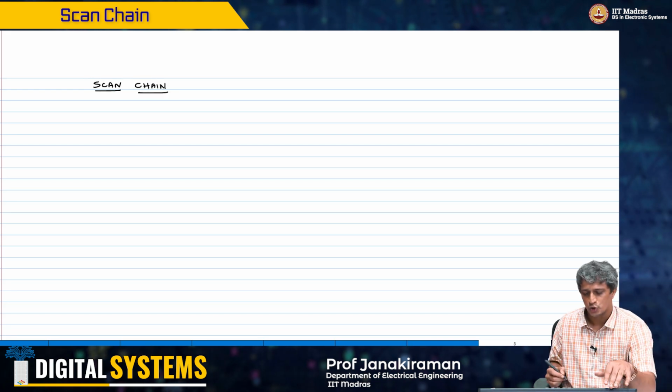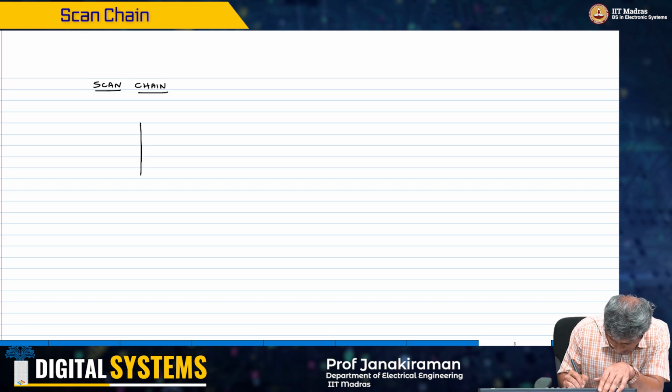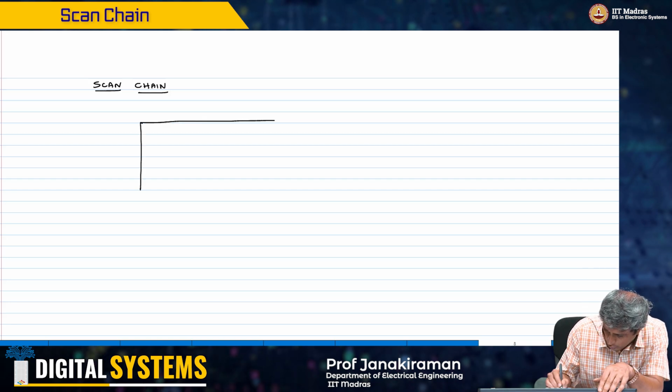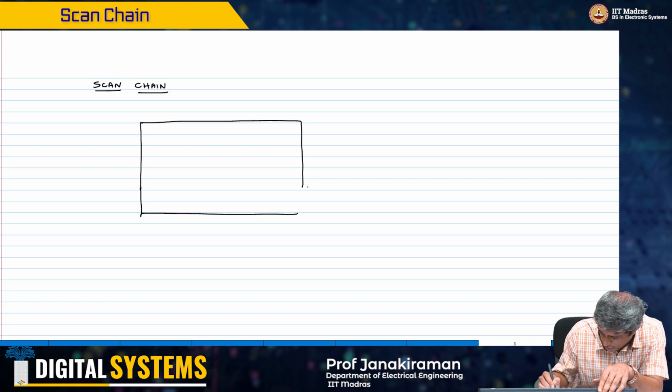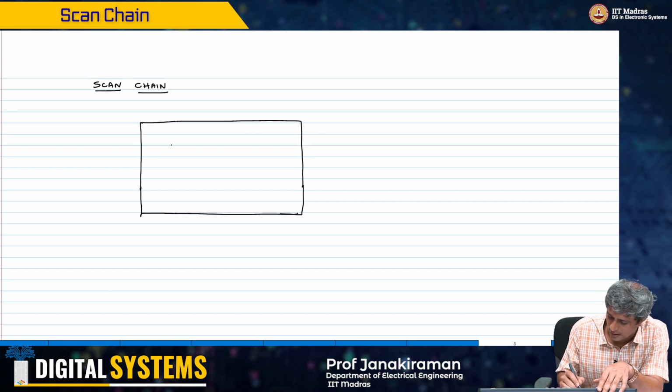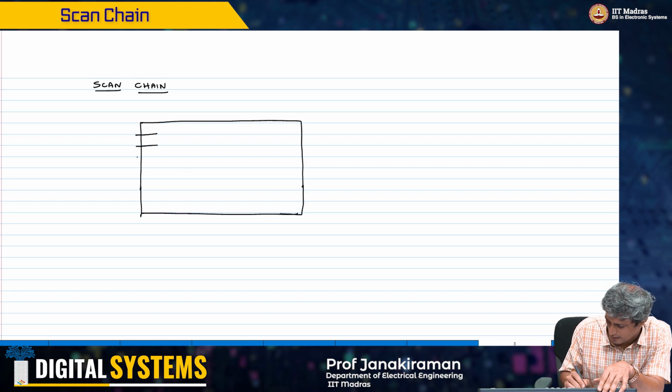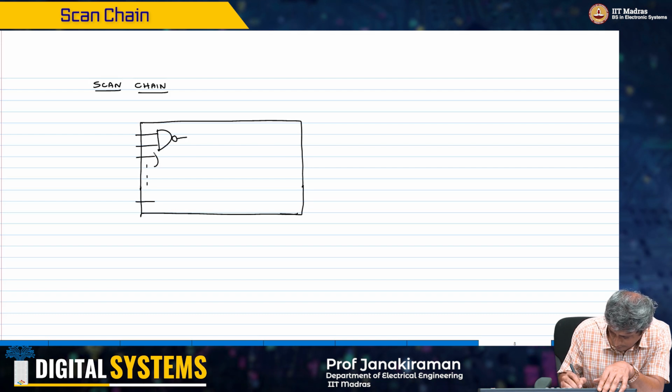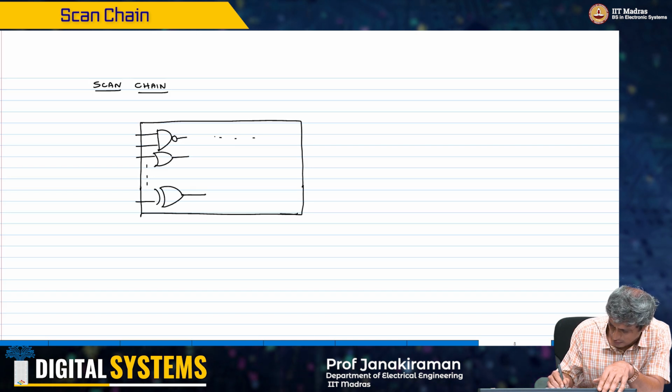Okay, so in a chip typically, if you take a large chip, let's say this is a combinational circuit, some NAND gates, OR gates, XOR gates, and so on.